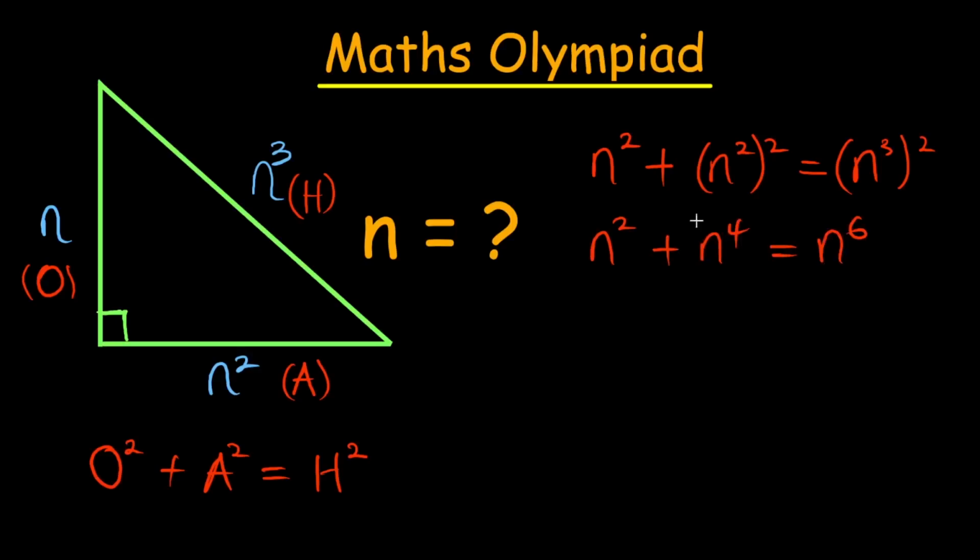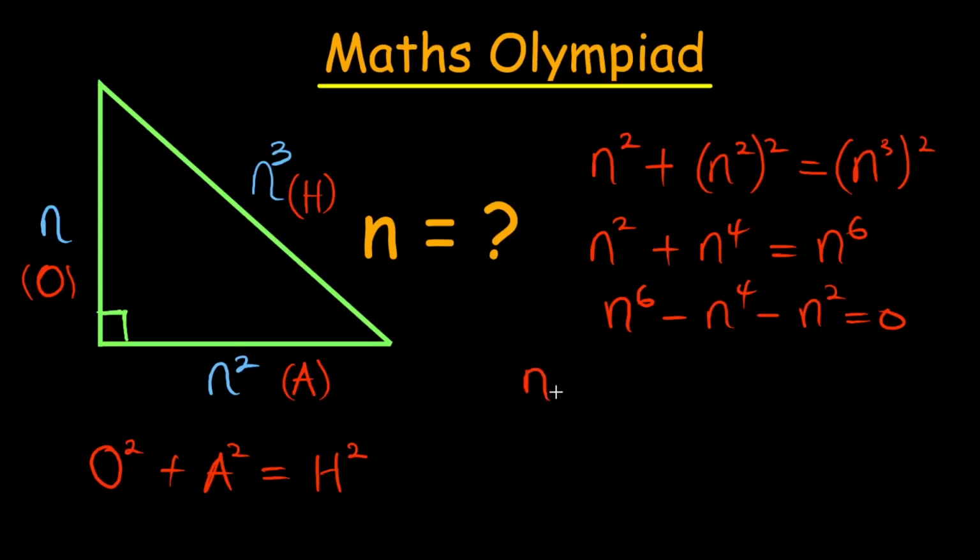So I'm going to take n square and n to the fourth power to the right hand side. So when I do that, I'm going to have n power 6 minus n power 4 minus n power 2 equals 0. And right here, I can factor out n square.